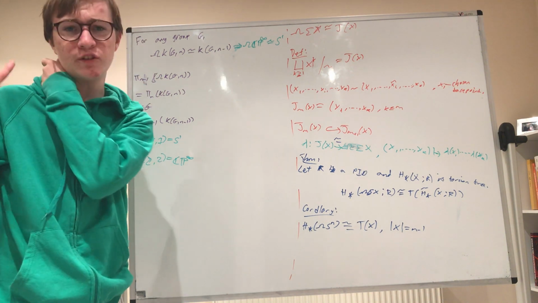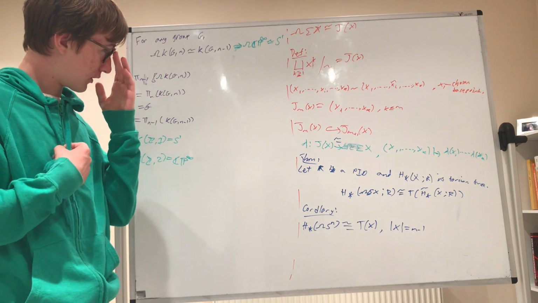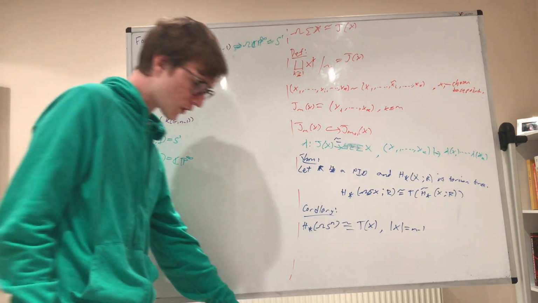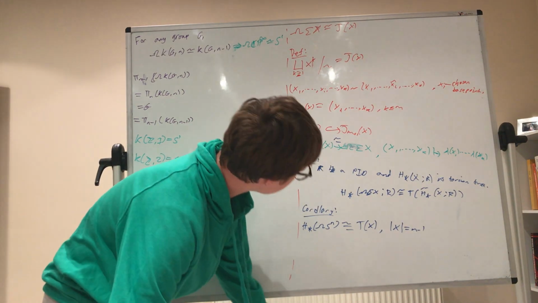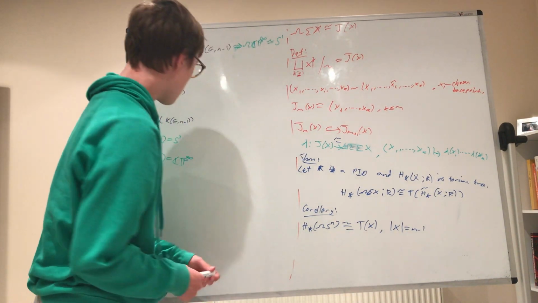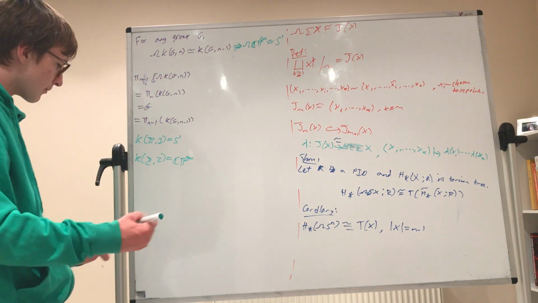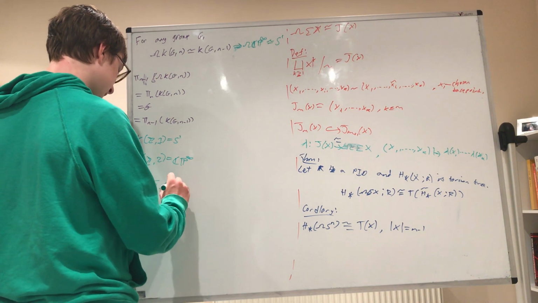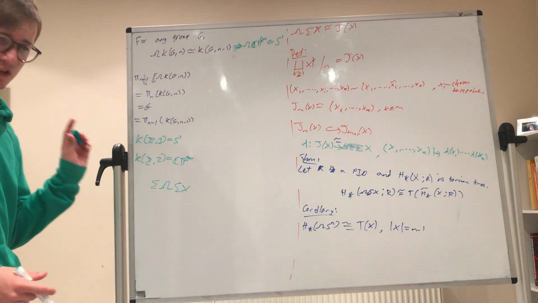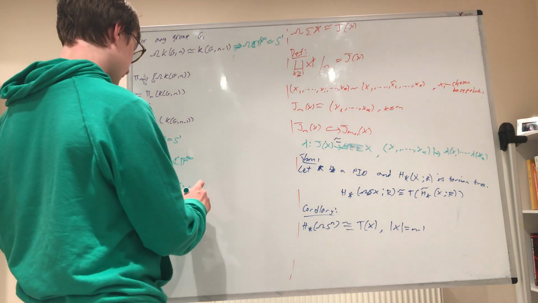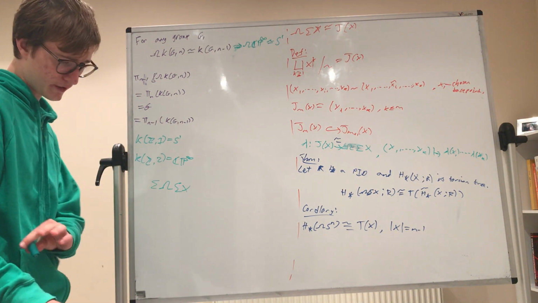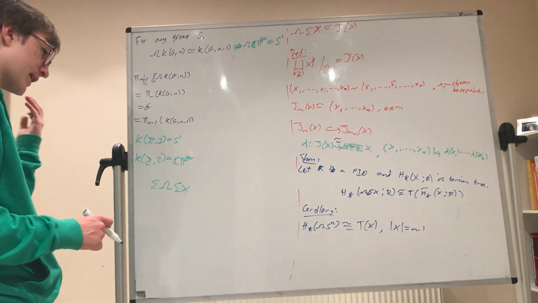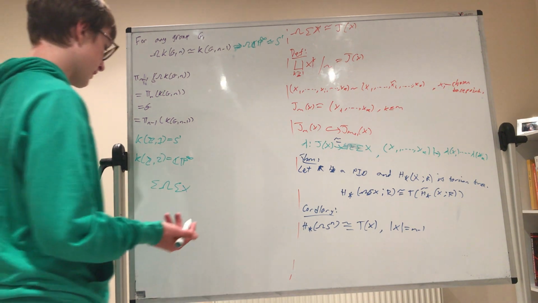And this is just off the top of my head, so I'm probably wrong about this, but there are some more recent results, I believe, about decomposing the suspension of the loop space of the suspension of X. I think it's called the James splitting, and I read about this before I typed up these notes, so I might be misremembering, but it just came to my head to maybe mention at the end of this video.